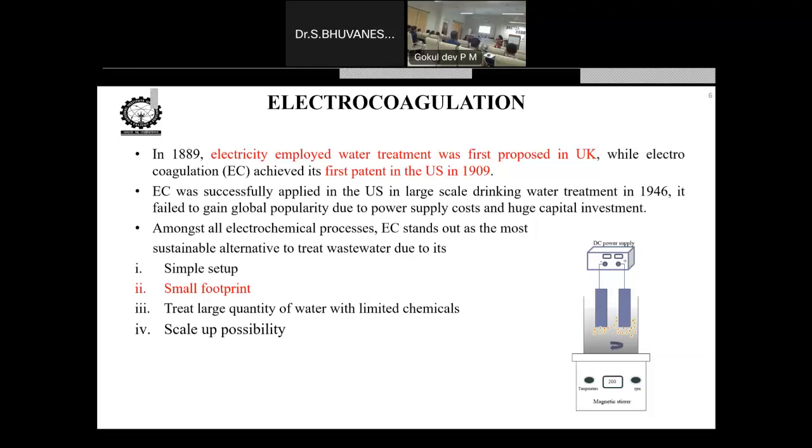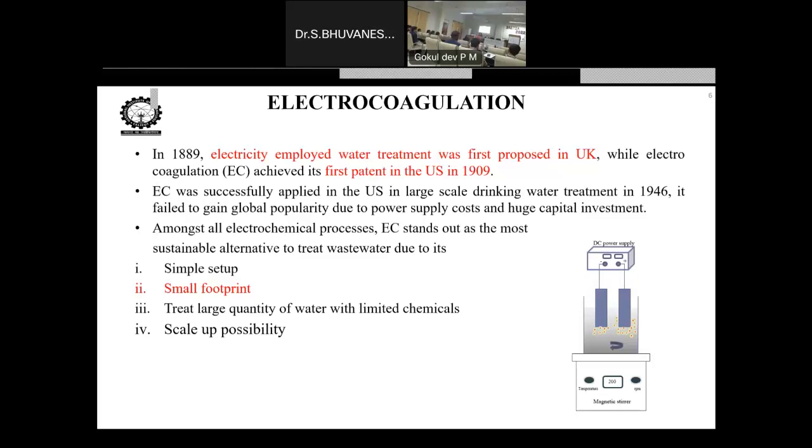Then, there are a lot of electrochemical methods for wastewater treatment. Can you name some? Till now, have you come across any electrochemical methods for water treatment? Other than electrocoagulation, in our online and offline classes, did you come across any electrochemical methods for wastewater treatment?